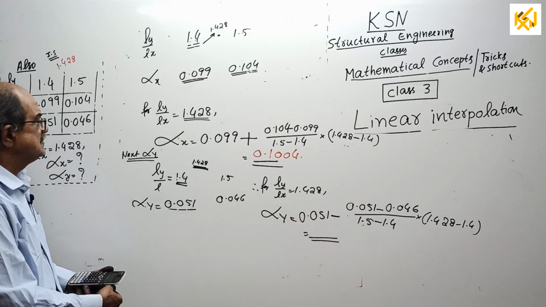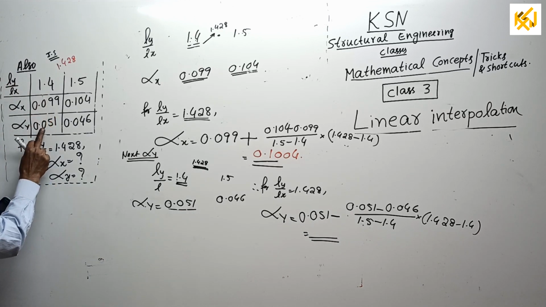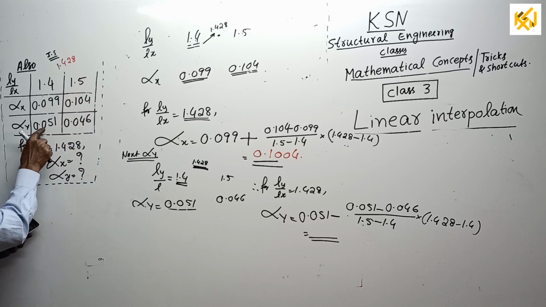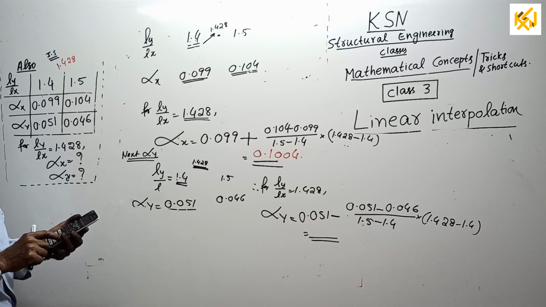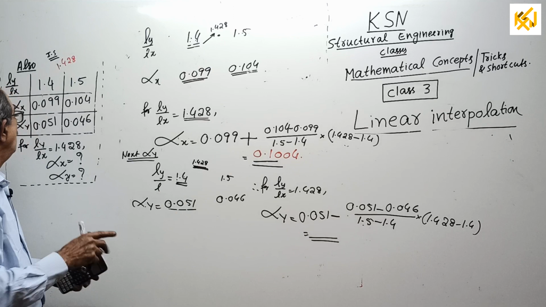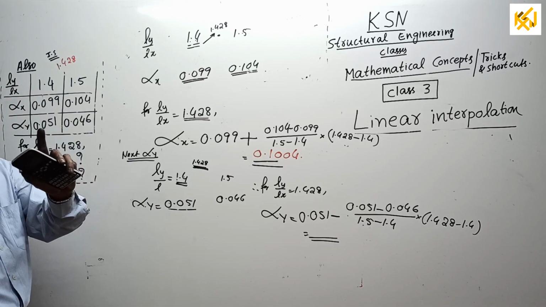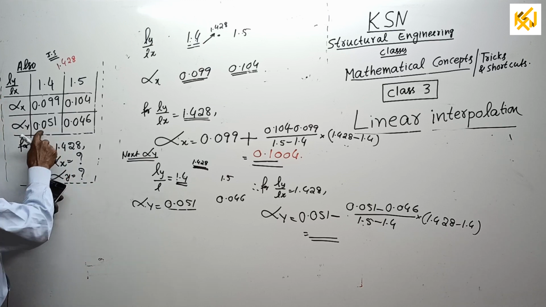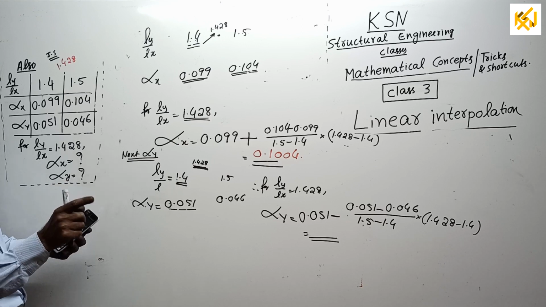Okay. Now, second answer. For 1.4, it is 0.051. For 1.5, 0.046. So from 0.051, you have to subtract. Leave it now, I don't want to confuse you. You have to use the brackets properly. Bracket 0.051 minus 0.046, close the bracket.